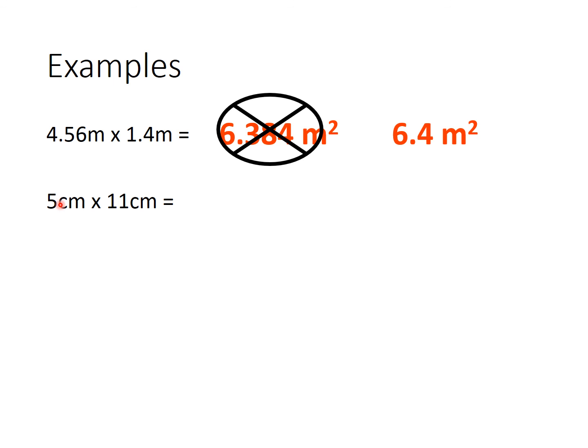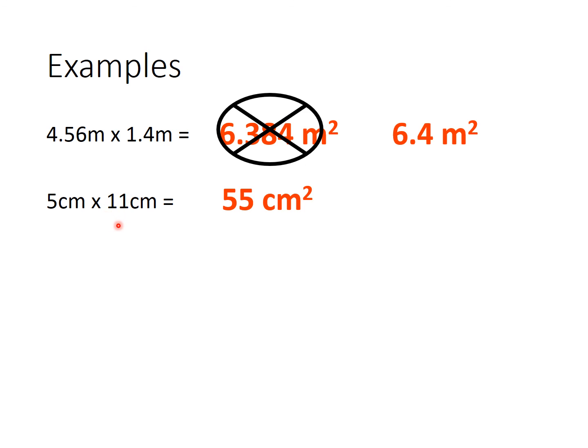How about this guy? 5 centimeters times 11 centimeters. I'm sure you can do this in your head if you learned your times tables, and we would normally say this is 55, and the units would be centimeters squared, but if these are measurements and not just some abstract math class, the 5 only has 1 significant figure.